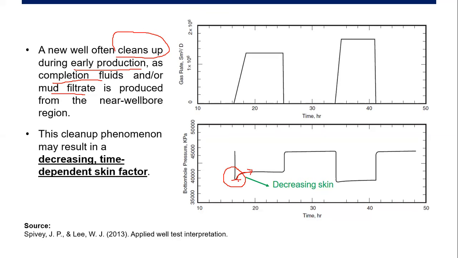Pressure increase means the skin decreases, and the skin decreases here because it's a time-dependent skin. The skin decreases because of the cleanup. It's not a constant skin, it's changing skin. It decreases because of the cleanup process during the early production.